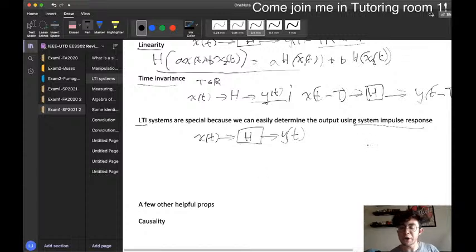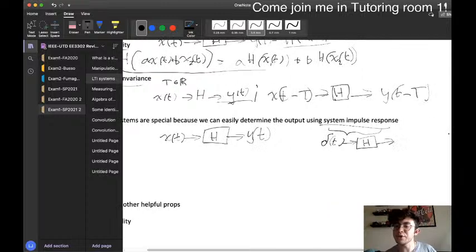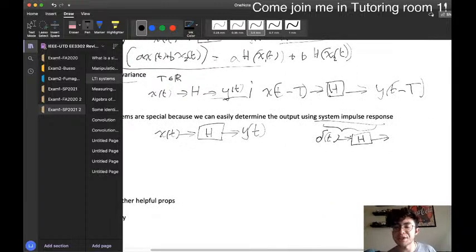The impulse response is just the output that we get when we send in a single delta function. So if we send in delta t into h, then the impulse response we will typically denote as just the lowercase h of t for this system h. This is the impulse response.